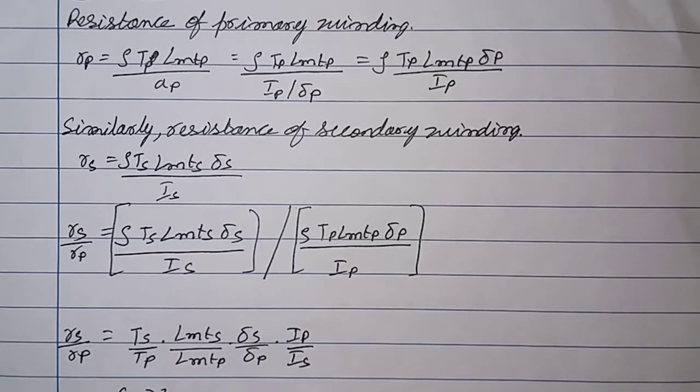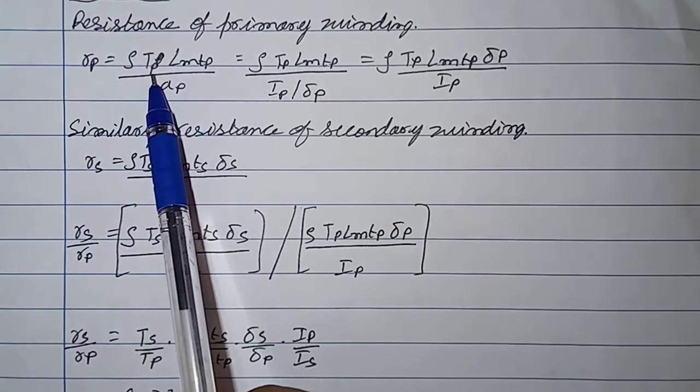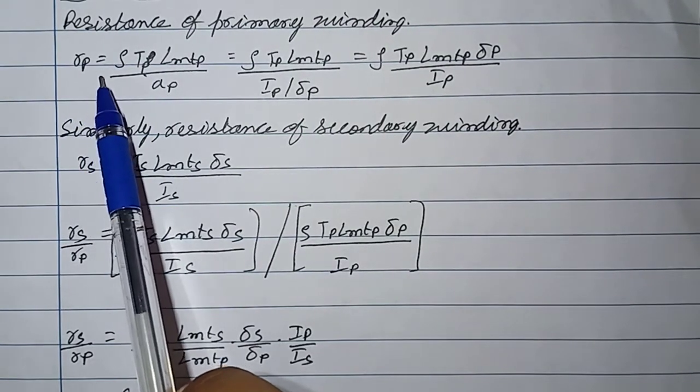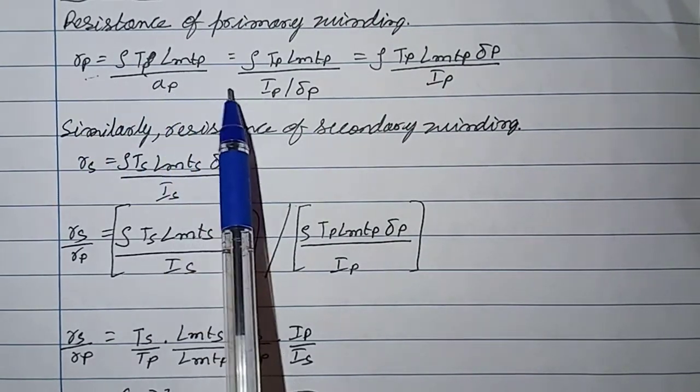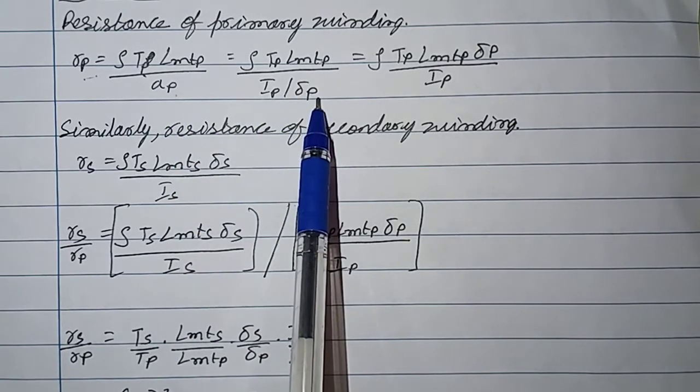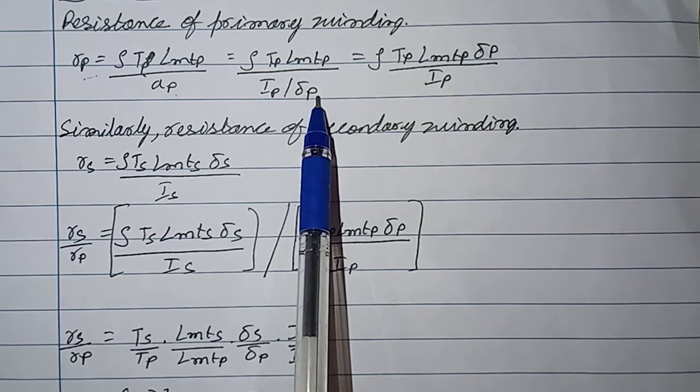So the solution: the resistance of the primary winding Rp is rho LMTP by AP, into Tp that we have taken. Instead of AP here we bring in delta, the current density.